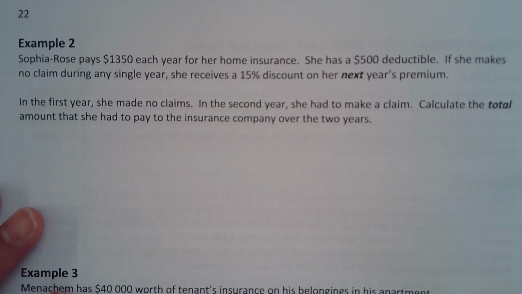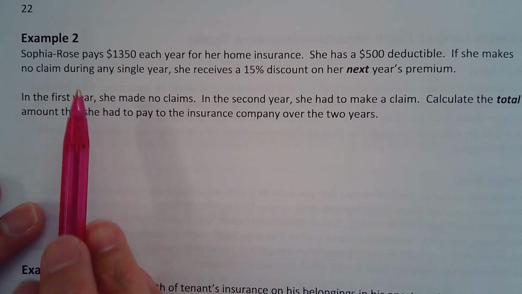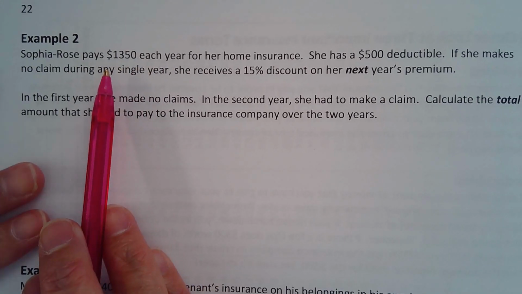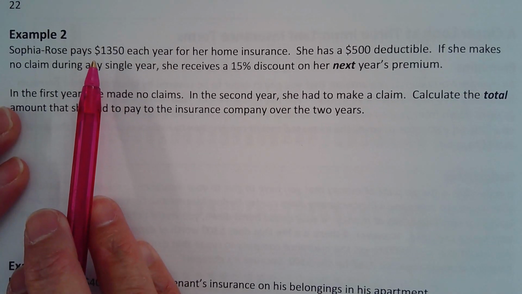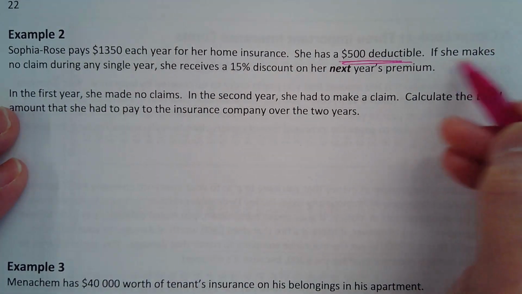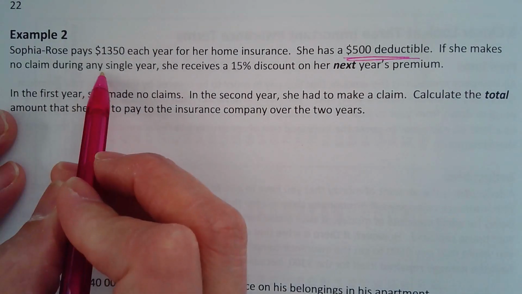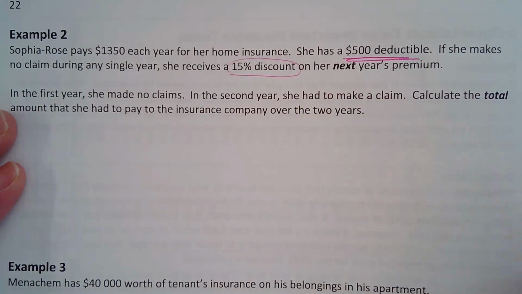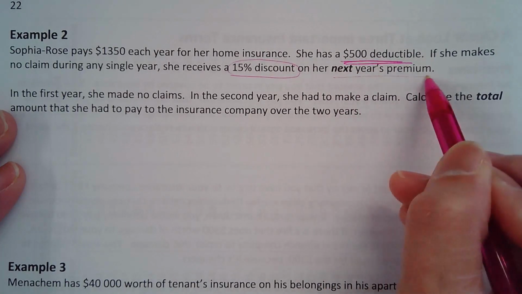Example number 2. Let's see here. Sophia pays $1,350 each year for her home insurance. She has a $500 deductible. If she makes no claims in any single year, she receives a 15% discount on her next year's premium.